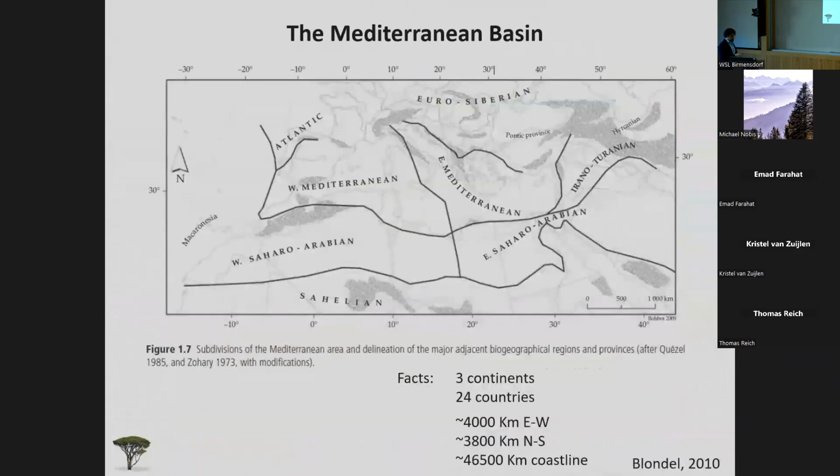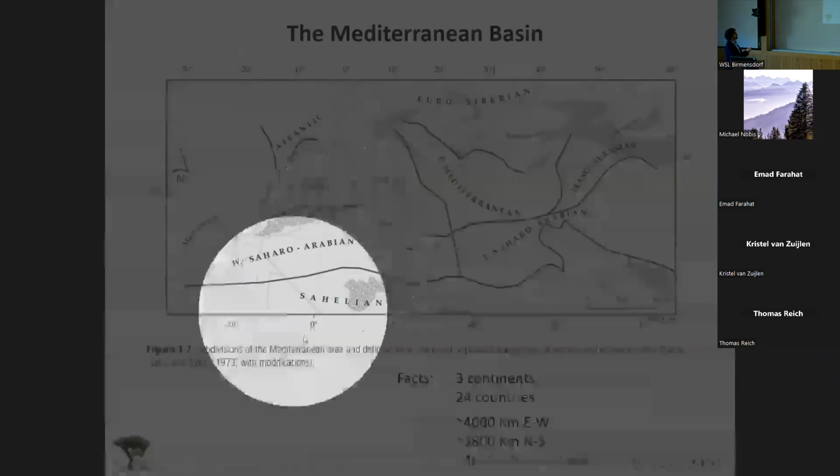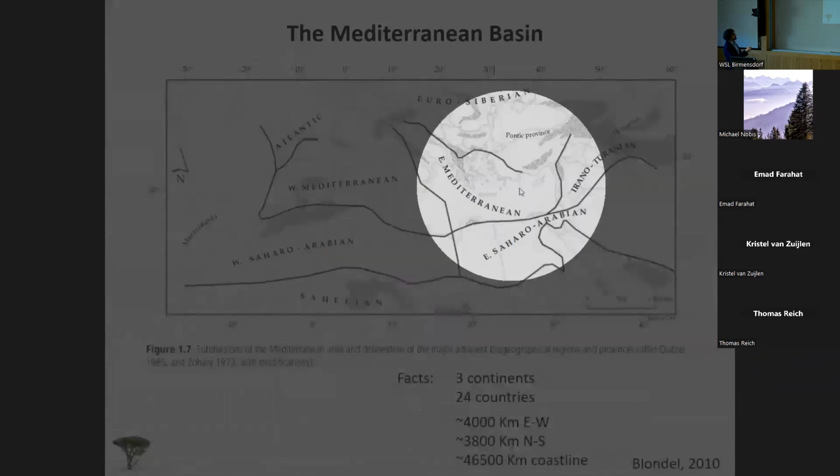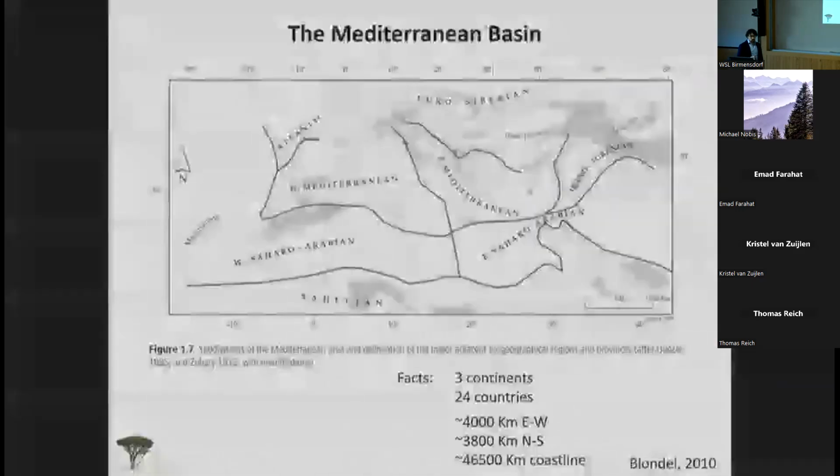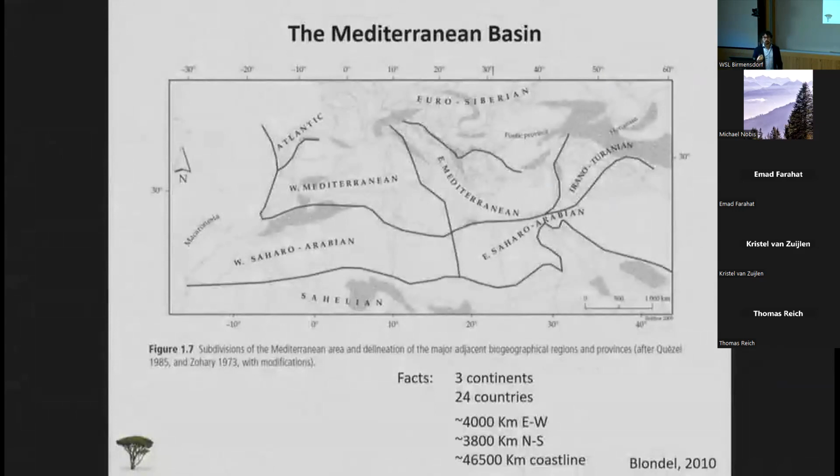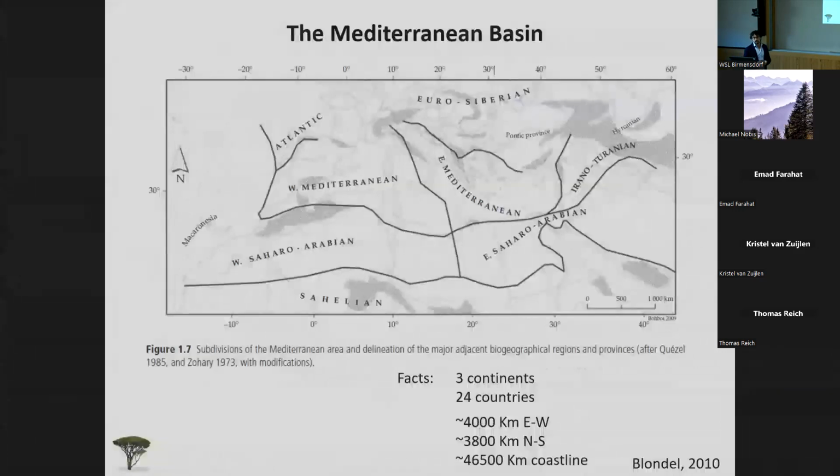The Mediterranean basin can be considered split in two halves, the Western Mediterranean and the Eastern Mediterranean. There are only a few authors that actually recognize a Central Mediterranean, while most of them prefer to split it in two halves.